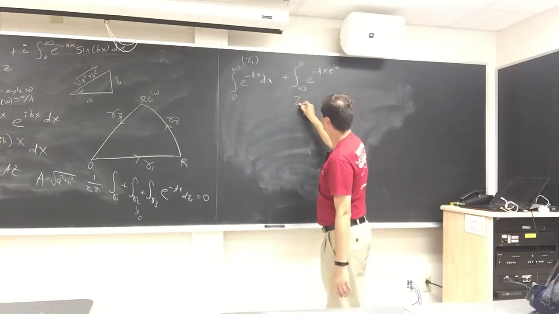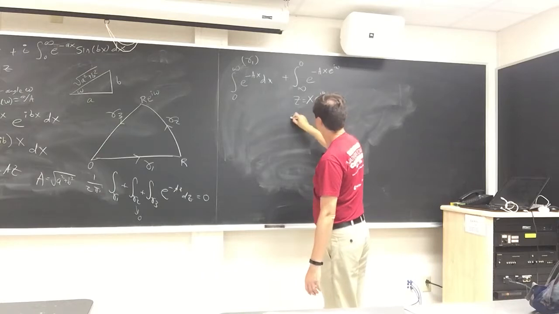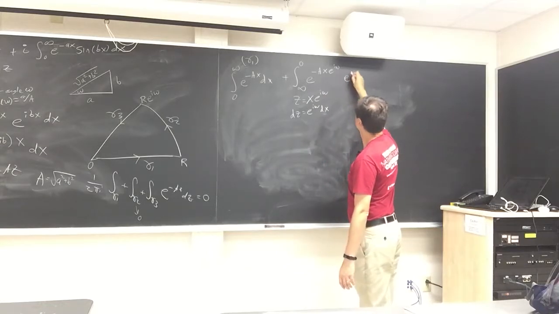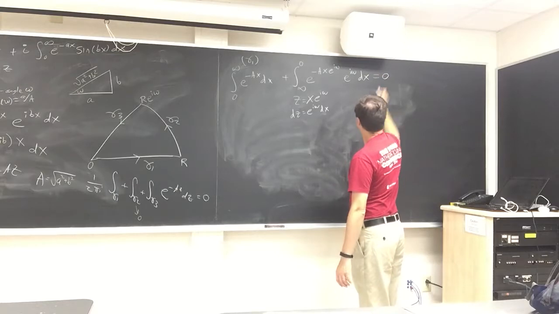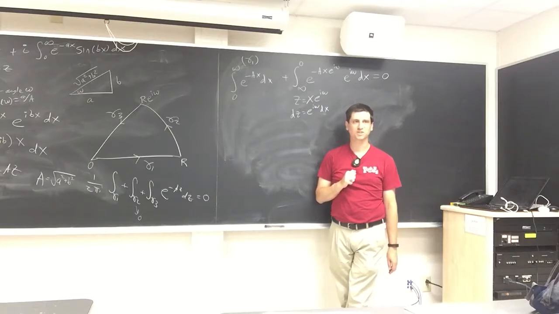Because here, z is equal to x e to the i omega. dz will be e to the i omega dx. Slightly worried, but somewhat optimistic that things are going to cancel out and reinforce.